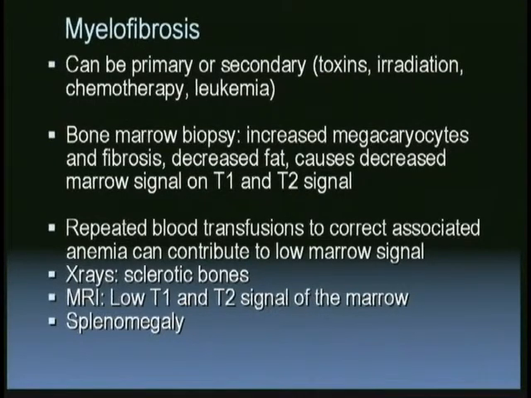These patients, because they don't have a marrow that can produce normal red blood cells, will receive repeated blood transfusions, which will contribute to the lower signal intensity. So the fibrosis will, with the repeated transfusion, cause a low marrow signal on T1. On radiographs, you will find sclerotic bones, a low T1 and T2 marrow signal, and these patients also have splenomegaly.